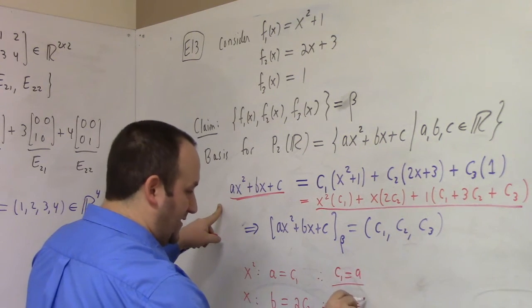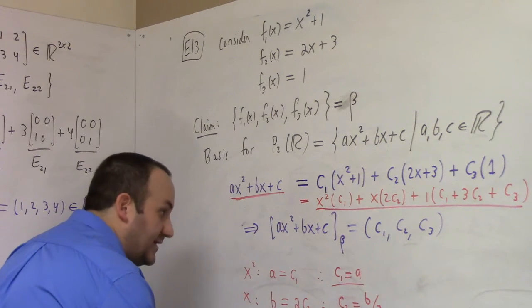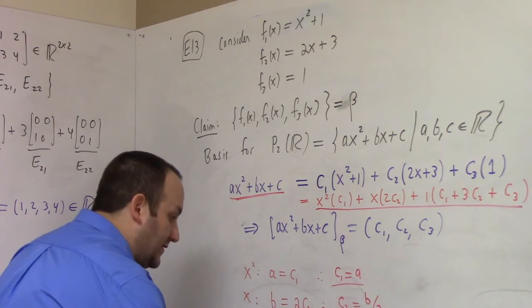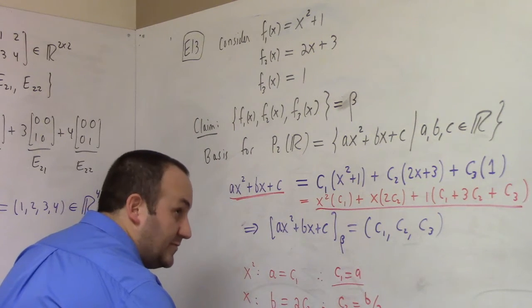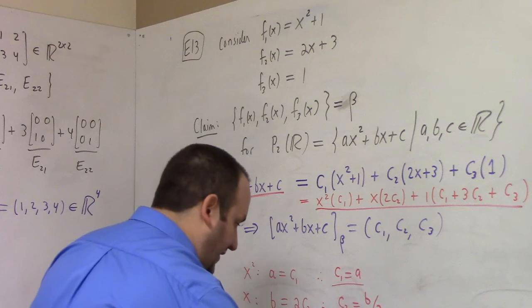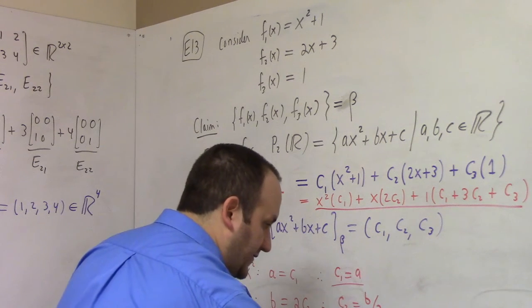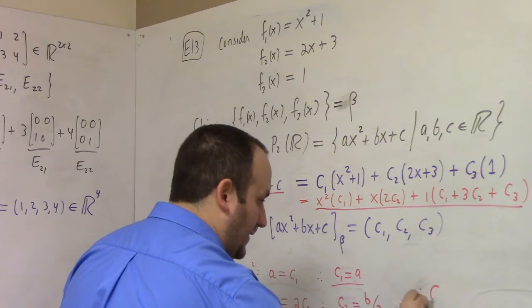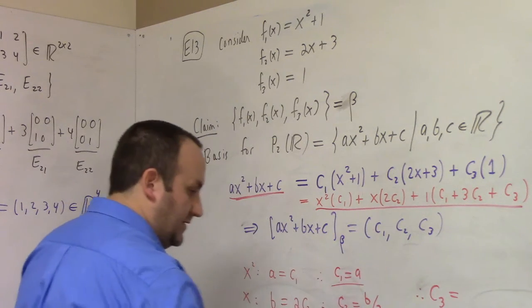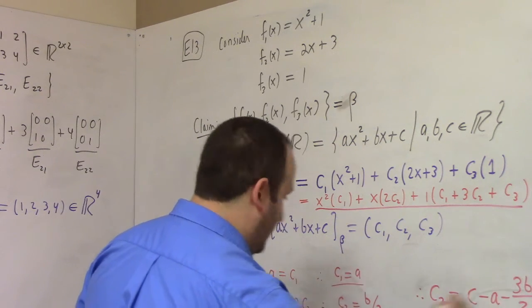It's the small things. So b over 2 is c2, and then the constant term gives me c is equal to c1 plus 3c2 plus c3, which is a plus 3b over 2 plus c3. Therefore, c3 is equal to c minus a minus 3b over 2.